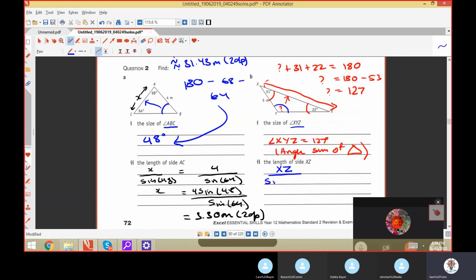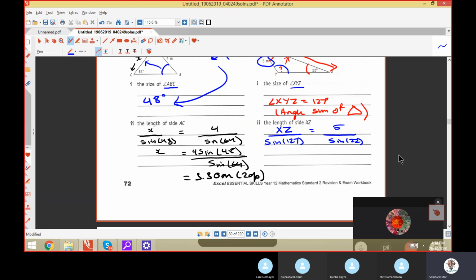So we could say sine 127 is equal to, now we need another one. So what side can we use? We could use this side, 5. But 5 meters goes to what angle? That's right. So it'll be 5 all over sine 22.